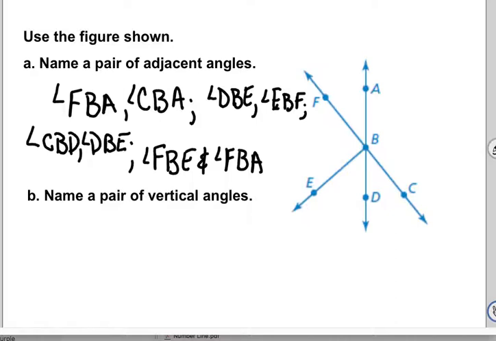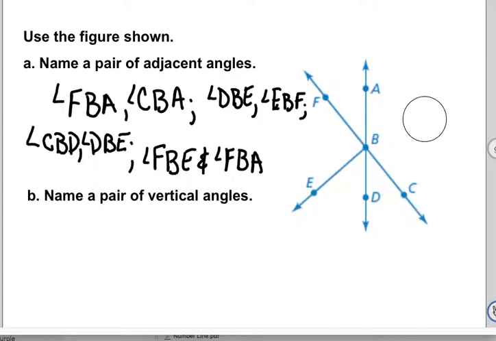G, give it a shot. EBC. E, B, C. Okay, he says E, B, C. If FBA came out like this, I would agree. Oh, so wouldn't you do DBE and FBA?